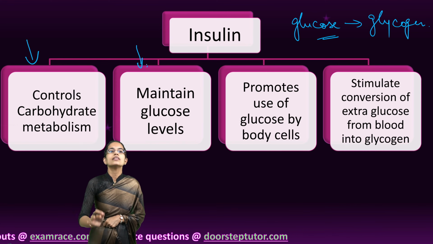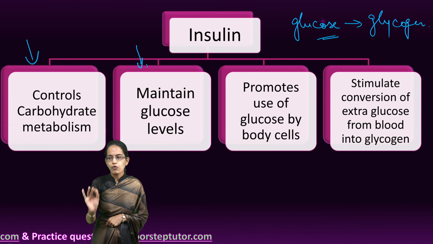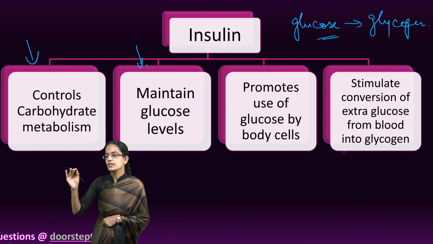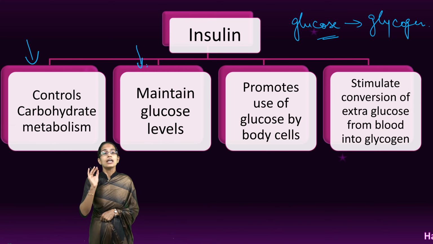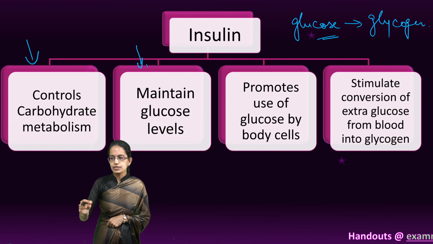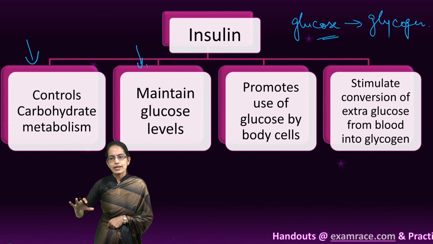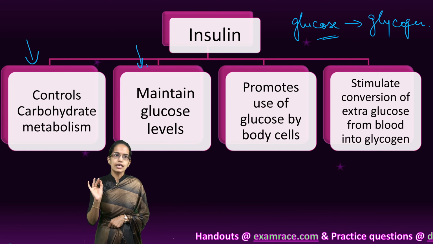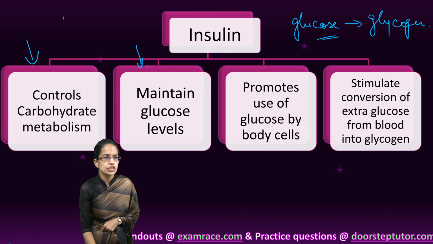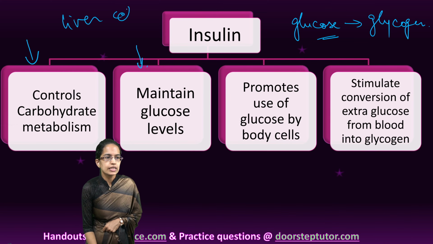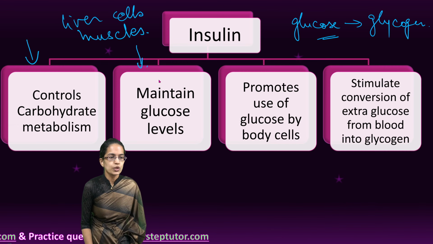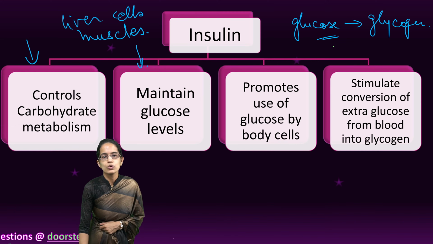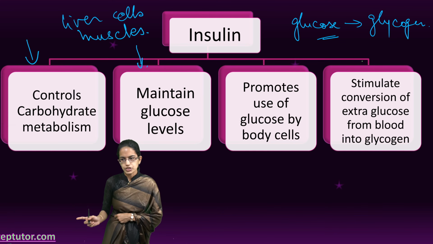So insulin is mainly responsible for maintaining the amount of glucose in the body cells. Extra glucose is converted into glycogen by the liver cells and muscles. Two important things which convert, what are those? Liver cells and muscles. So liver cells and muscles would convert the extra glucose into glycogen.